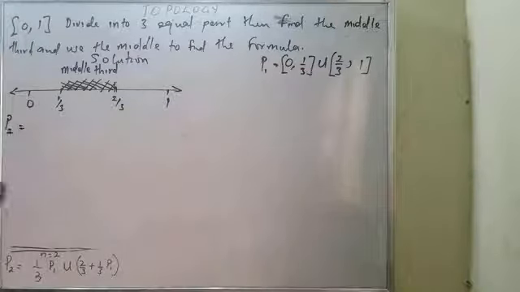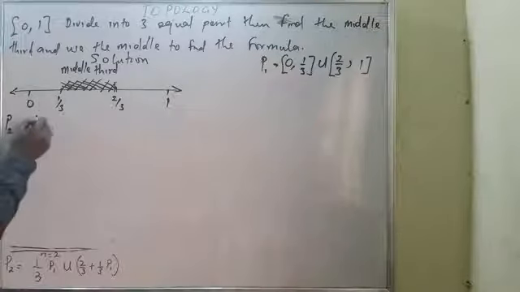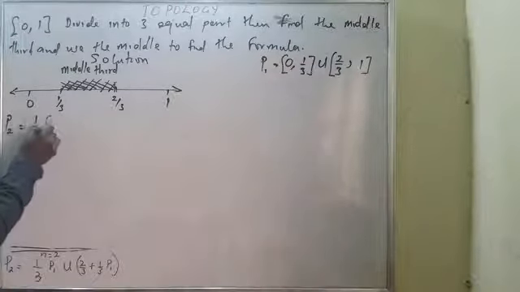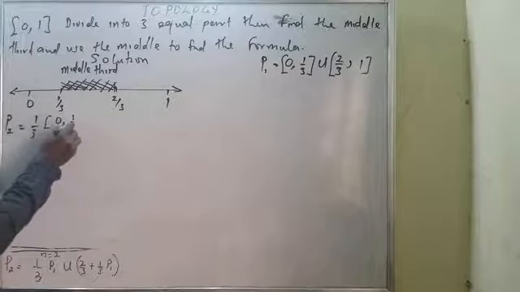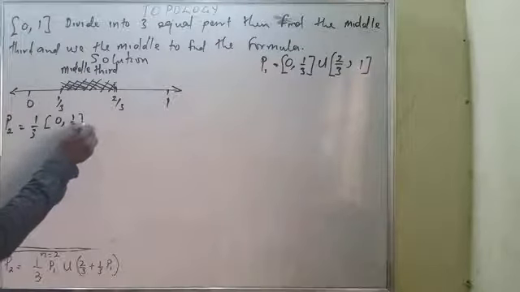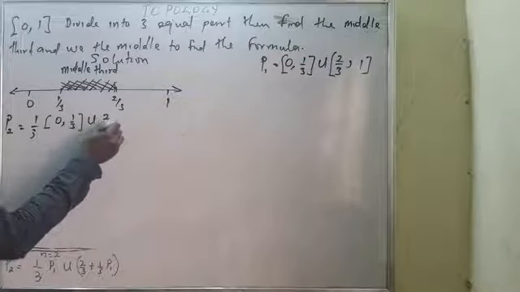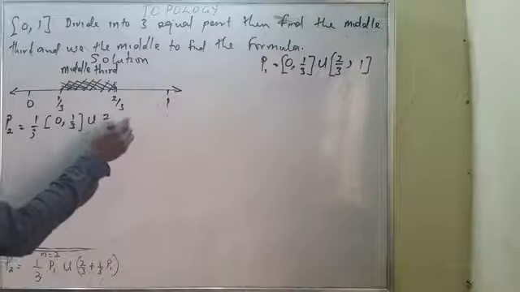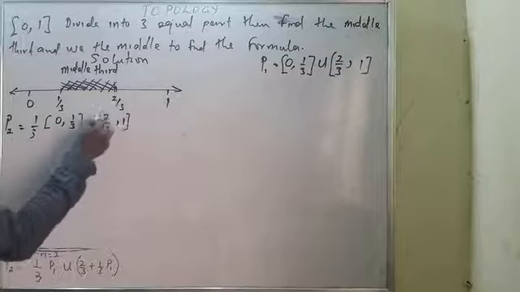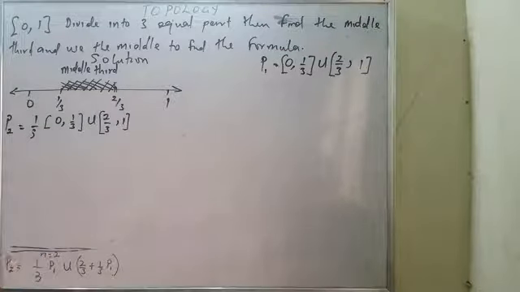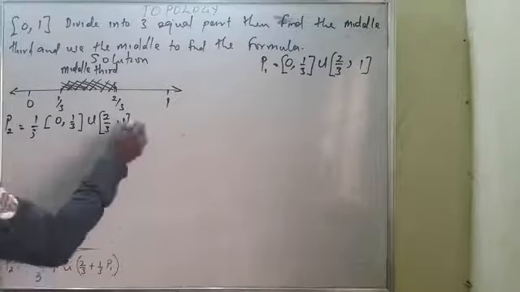My P2 will be equals to 1 all over 3. Now, I can now say that I have 0, 1 all over 3, junior 2 all over 3, 1. Yes, that is my P1, junior.